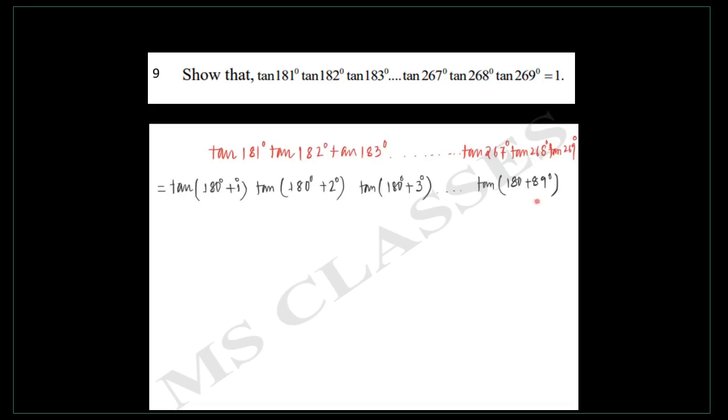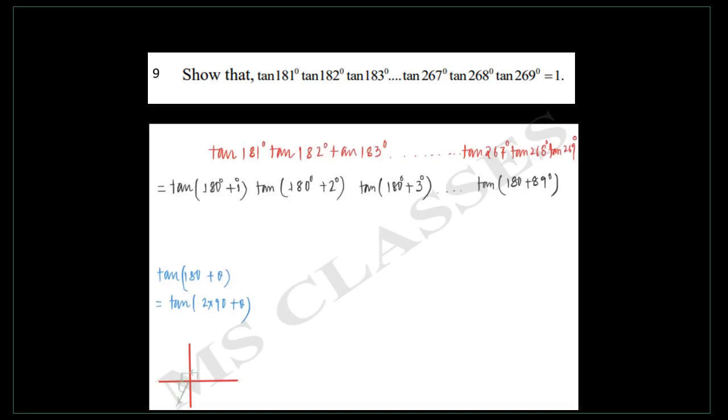Now children, what is tan 180 plus theta? That we'll understand first. Tan 180 plus theta, now that is what? Tan 2 into 90 plus theta. Now here 2 into 90 plus theta means 180 plus something.